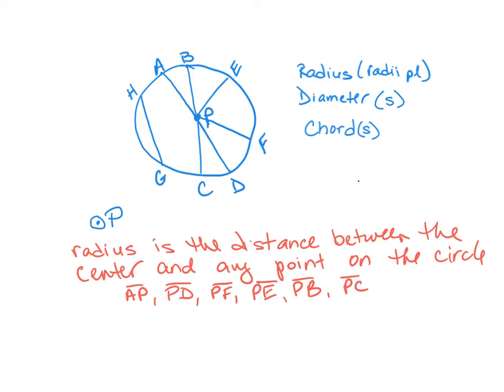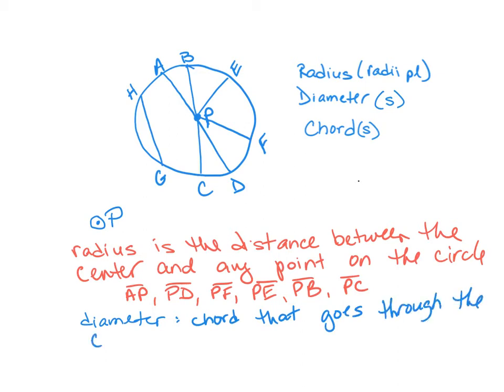All right? The diameter is a chord that goes through the center and connects 2 points on the circle.